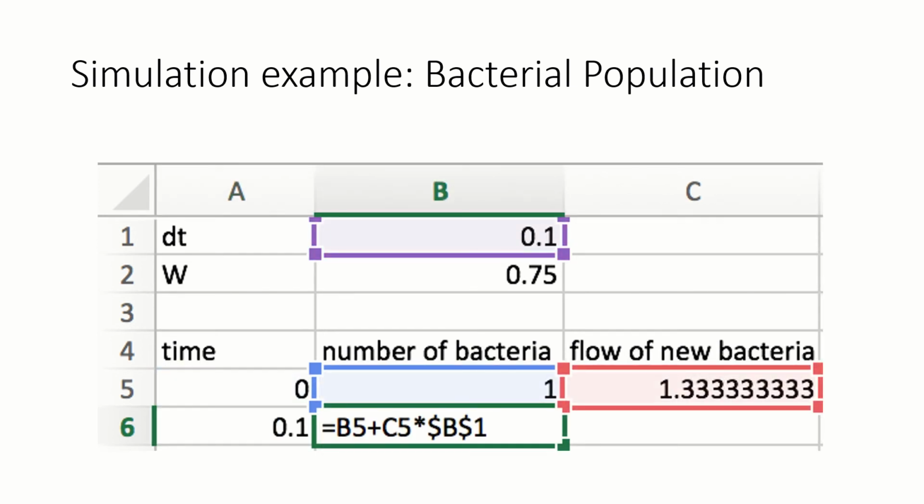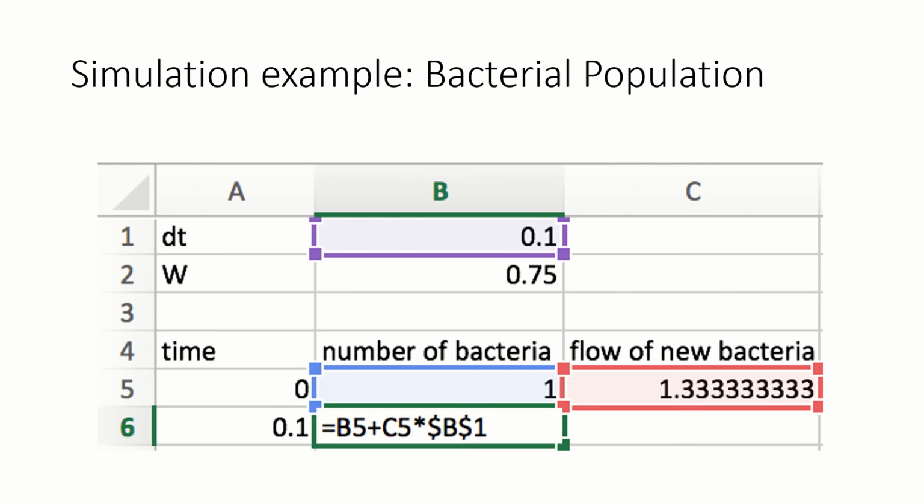And then this is where the interest rate formula comes up. Notice this is the flow from the previous row, C5, times DT. So the interest rate is embedded in this formula. I could have created another column called interest rate, and it would just be whatever was in this flow cell times DT.